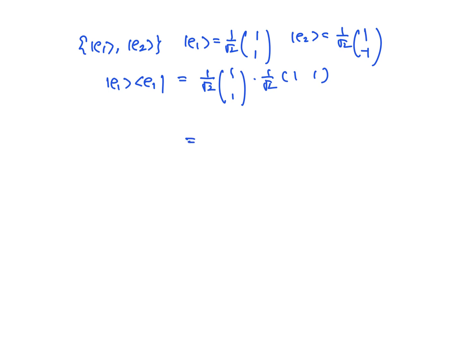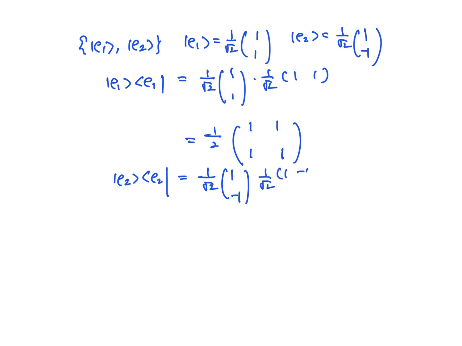So by the definition, 1 over 2 times the matrix (1, 1; 1, 1), right? How about E2? (1, minus 1), (1, minus 1), right? So 1 over 2 times the matrix (1, minus 1; minus 1, 1), right? If we add them together, what happens?